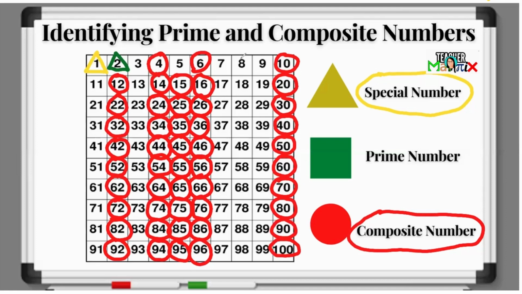We also have 8. So 18, 28, 38, 48, 58, 68, 78, 88, 98.